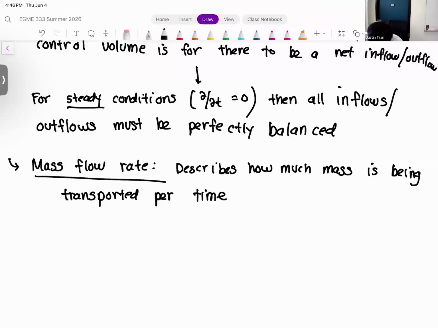Okay, so the mass flow rate, often we give that the symbol m dot.